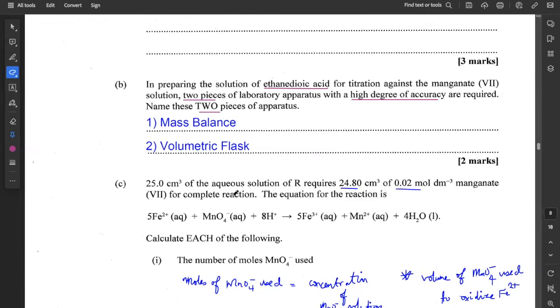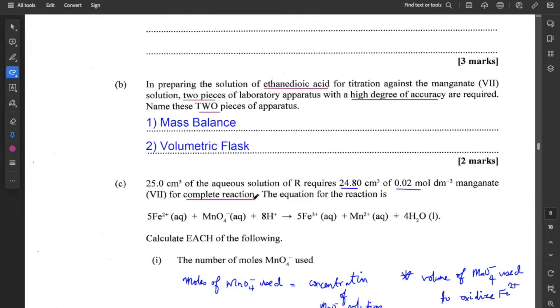So that's when we're doing our actual titration now. If we titrate a 25.0 cm cube sample of this solution R, that's gonna require 24.80 cm cube of the 0.02 mole per dm cube manganate 7 solution for complete reaction, okay?